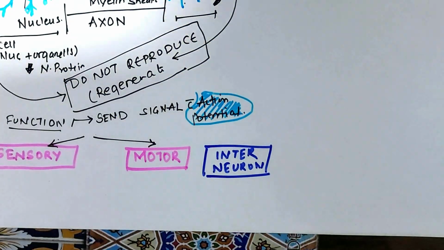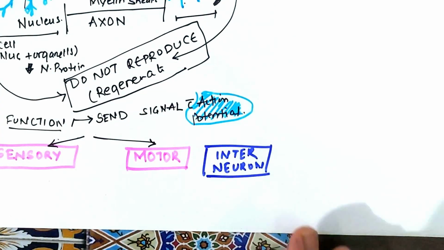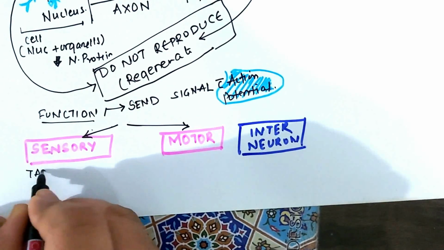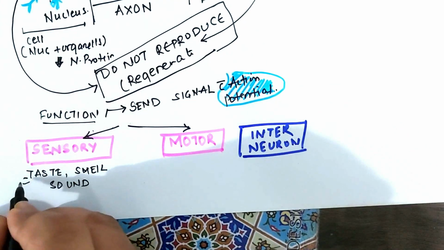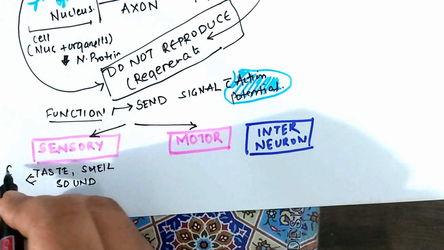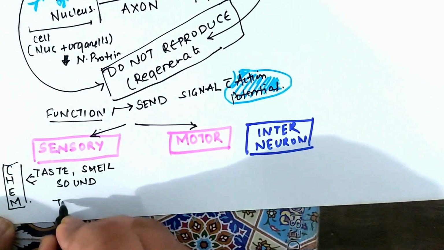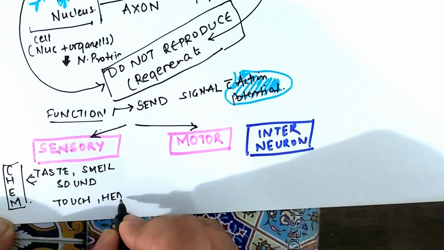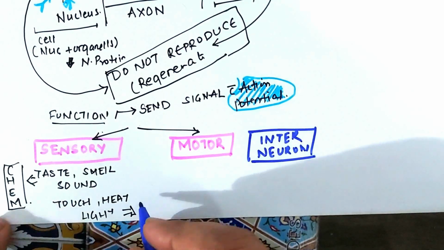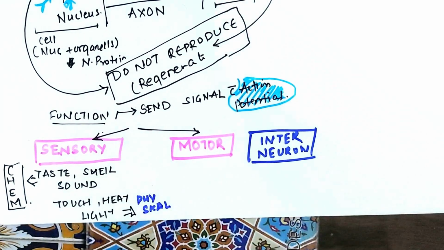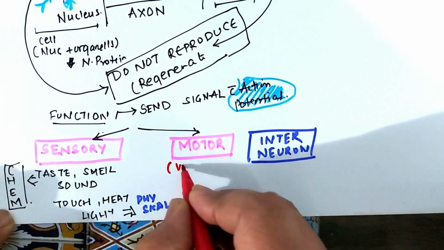Depending upon the function, they are classified into sensory, to sense the sensation of taste, smell and sound, which is generated basically through chemical inputs, and the touch, heat and light sensation generated by physical inputs.